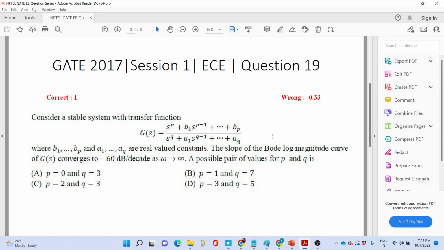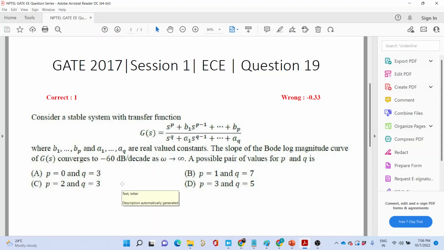Sir, minus is the slope, so there will be poles contributing to that slope, and minus 20 into 3, so there should be three poles. Why should there be three poles?